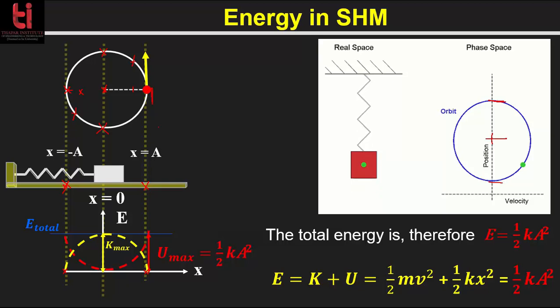So the displacement is maximum at these two points. You can see here that the velocity is 0 at these two points, and you get the maximum velocity at the equilibrium position, that is when x is equal to 0, when there is no displacement, the resting position of the spring.